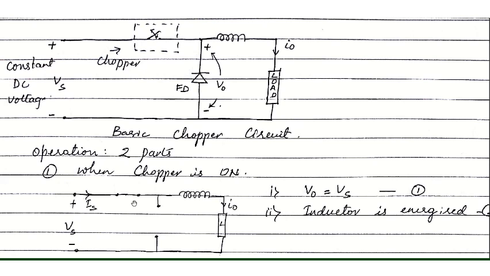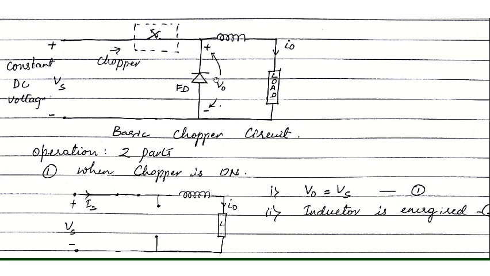When the chopper is on, the diode will be reverse biased, because the potential at the anode terminal of the diode in the main circuit is connected to the negative terminal of the supply. So the diode will be reverse biased.